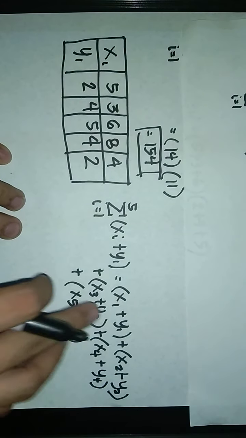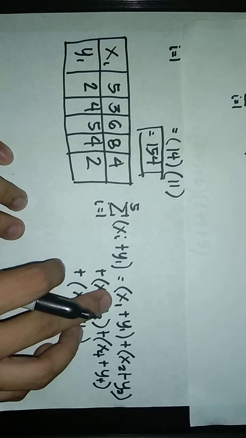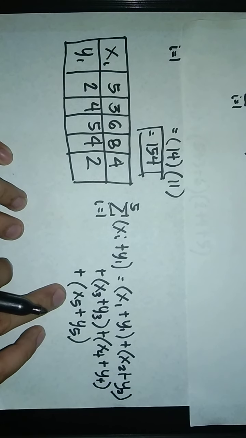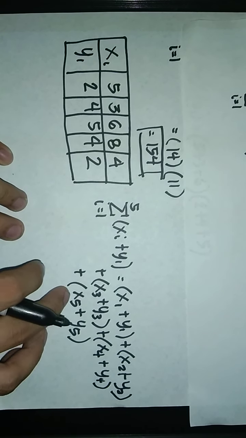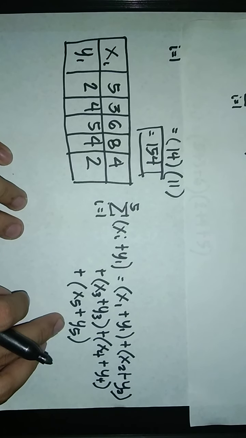Ibig sabihin, nagmula tayo sa 1 hanggang 5. So, nagmula tayo ng x sub 1, natapos tayo sa x sub 5, nagsimula tayo sa y sub 1, natapos tayo sa y sub 5.